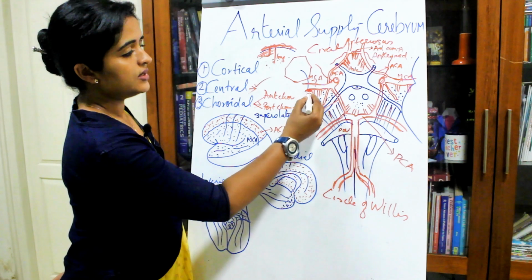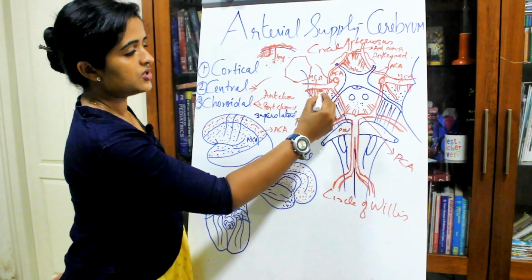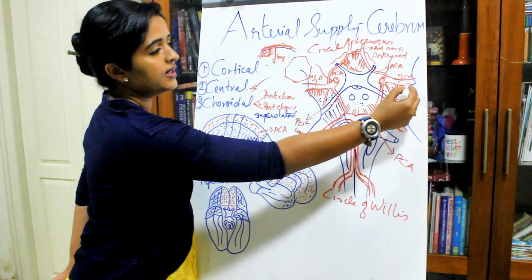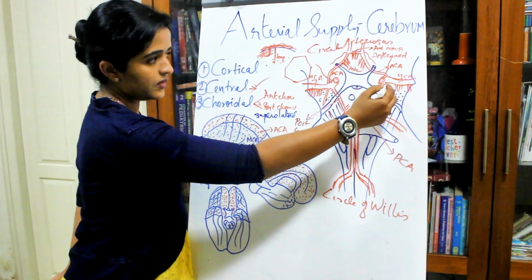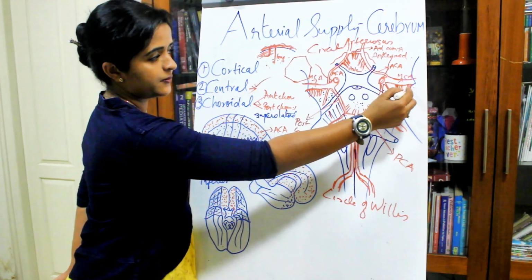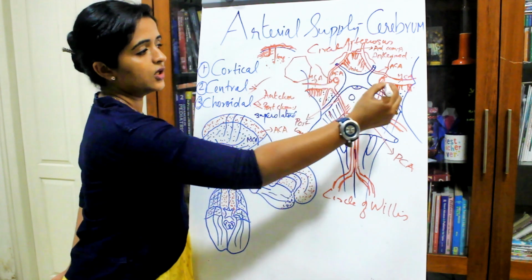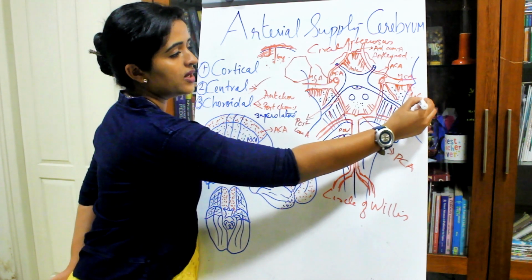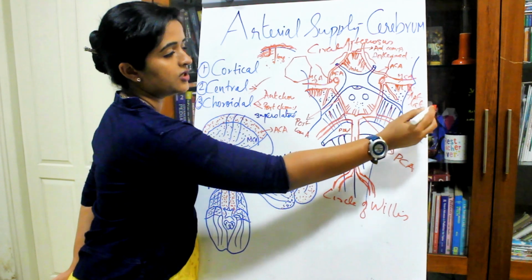Now we can see another set arising from the middle cerebral artery towards the lateral aspect in the anterior part. They are known as anterolateral branches.